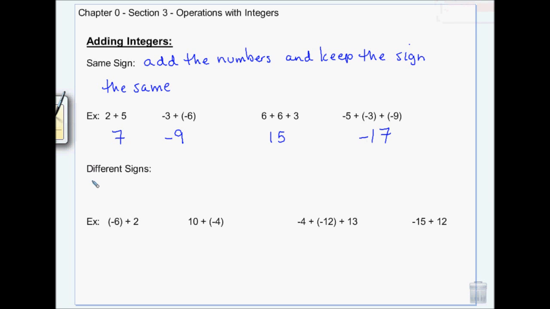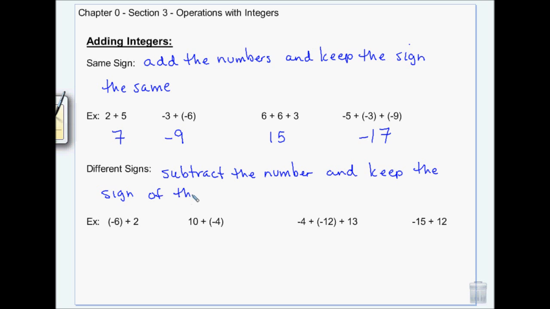If you have different signs, you're going to subtract the numbers. If they don't match, you subtract. And then you keep the sign of whatever number was bigger, not greater.